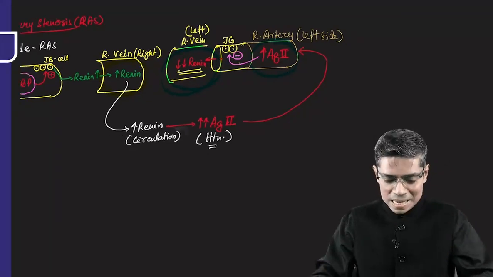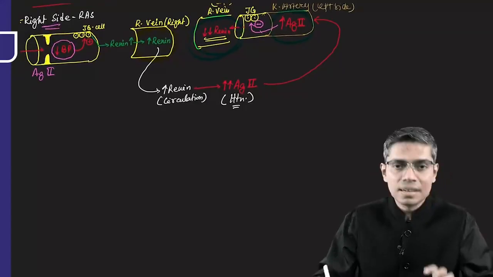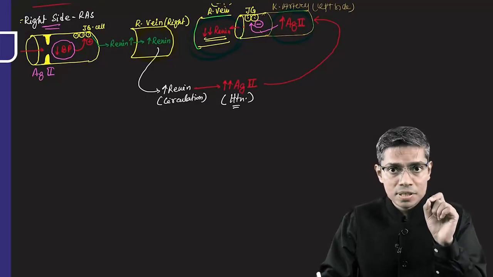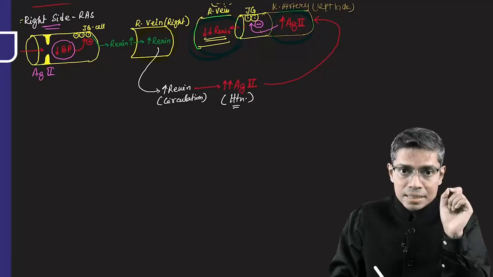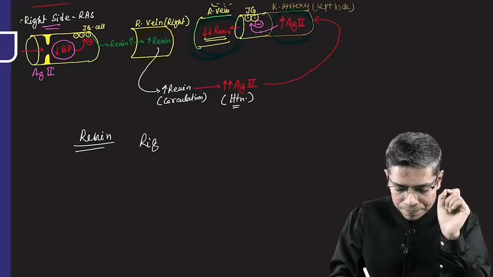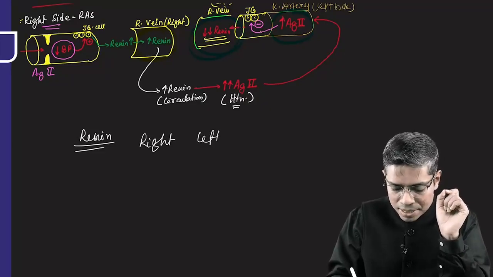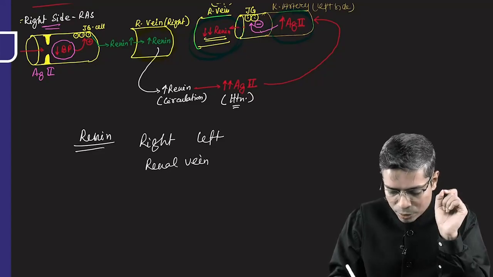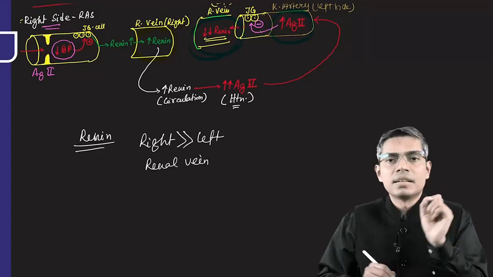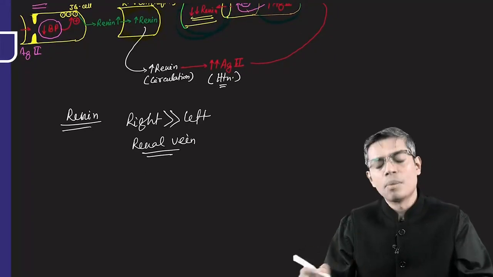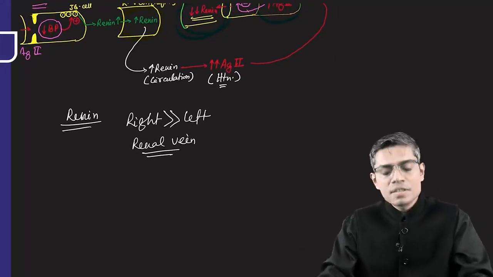If I measure the renin in the renal vein by invasive process, and compare the renin level in right-sided and left-sided renal vein, what am I going to get? Right-sided renal vein renin level is very high in comparison to left-sided. What is the use of this?